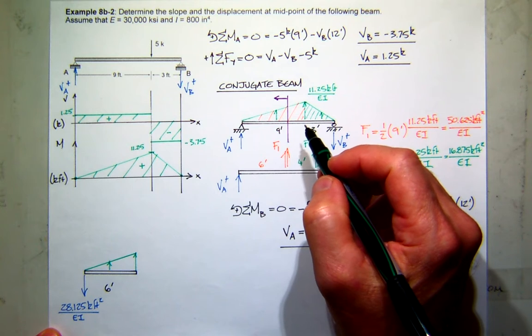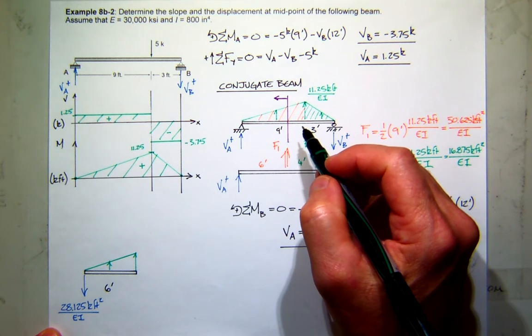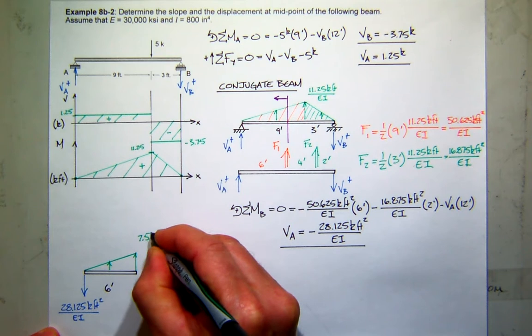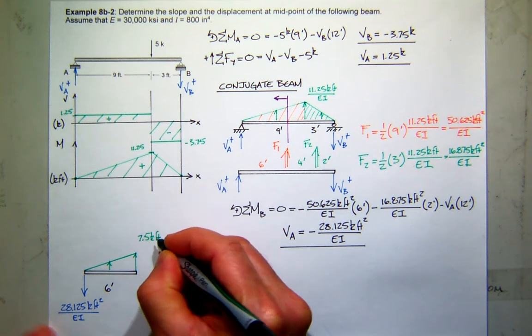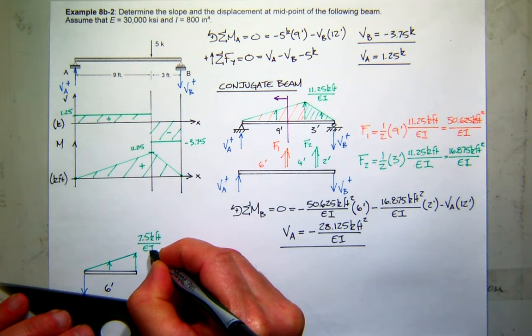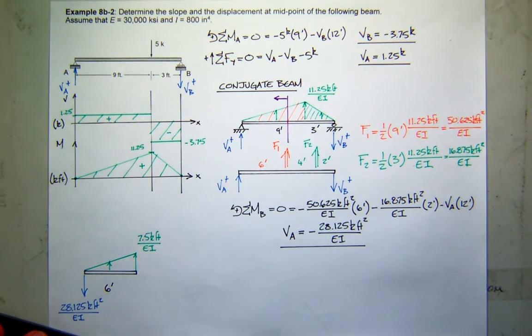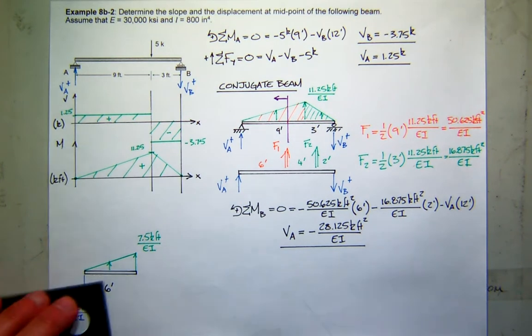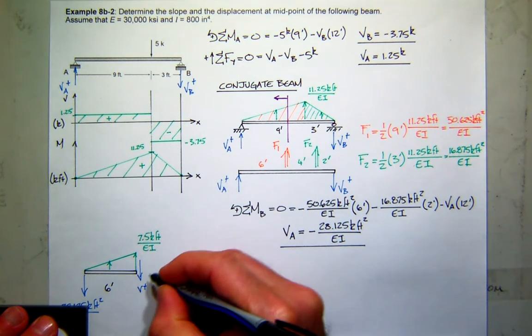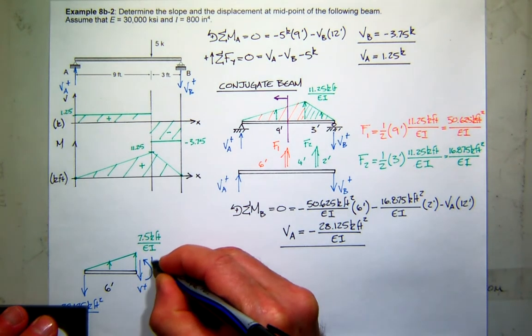I'm even wrong about that. Is it 7.5? So that'll be 7.5 kip feet divided by EI. And then, of course, there's the shear, positive shear, and there's the positive bending moment.